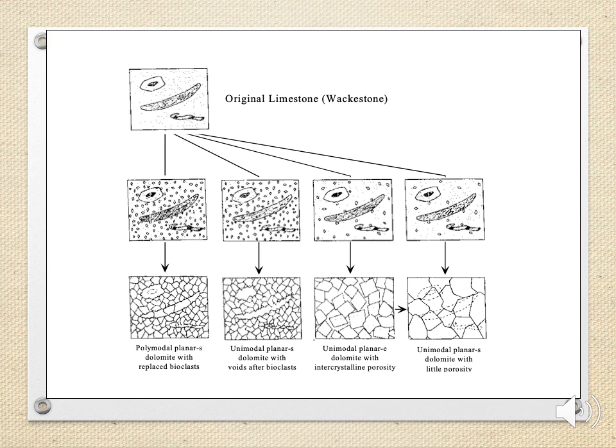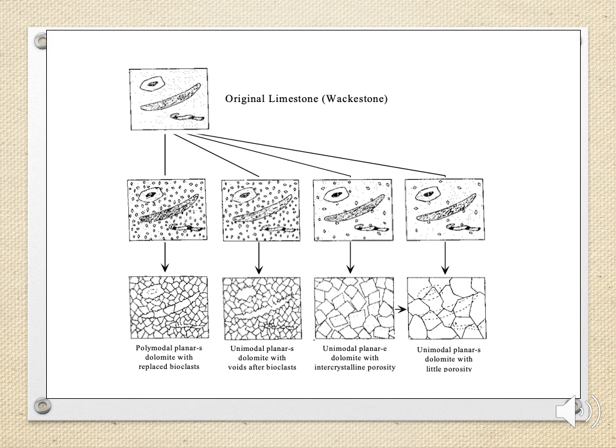Then we have unimodal planar-s dolomite here with voids after bioclasts. So you can see the bioclasts have been dissolved. Then we have unimodal planar-e dolomite with intercrystalline porosity, and you have ghosts, maybe you can barely see them.